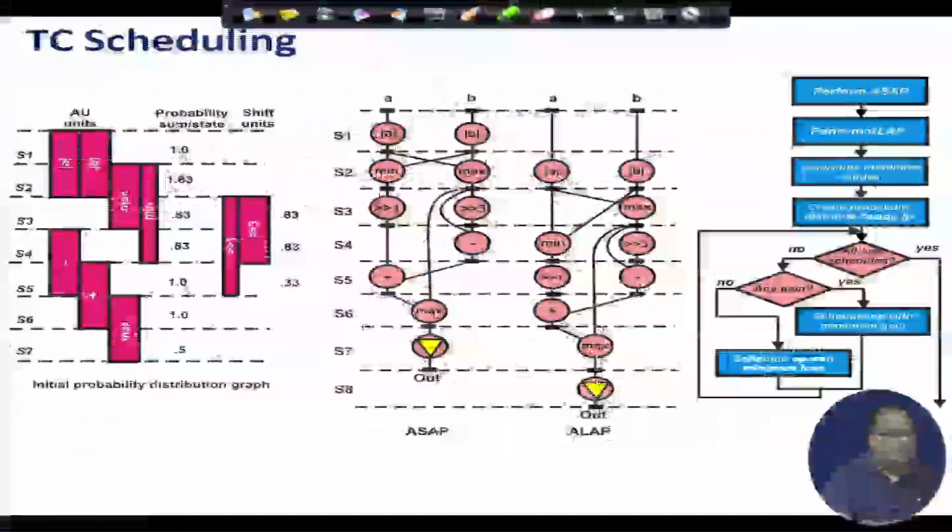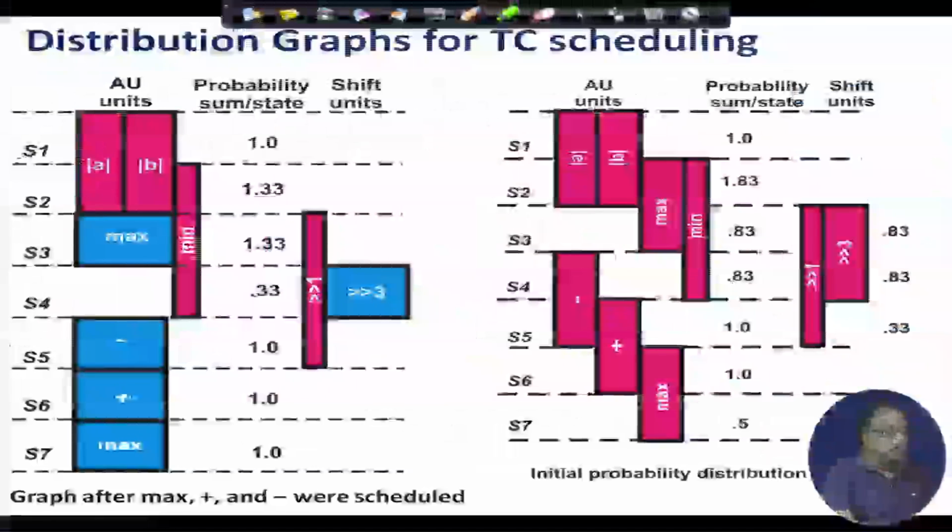So, once we have this, then we can see that we have to schedule something. I have to come out up to this step, and I have got my resource constraint. Here there is a time constraint, no longer a resource constraint, right. So, how can I proceed with this? With this, now I decide that this was my initial probability distribution graph, right.